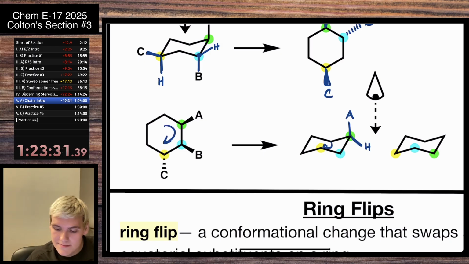And the next one, we know that the positions on this carbon in the ring are up equatorial, down axial. And the way we know that is from our memorized chair drawing. So with that, our B is on a wedge, so it needs to be in the up one. And so the up position on this one is going to be the up equatorial. And we'll put hydrogen down.